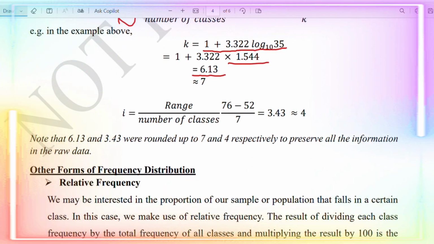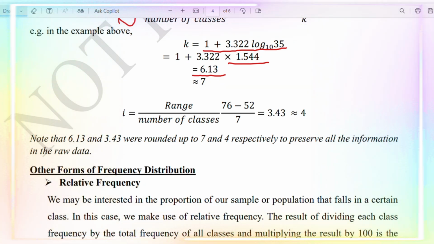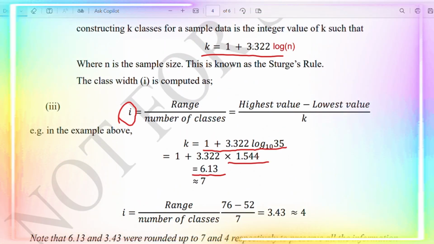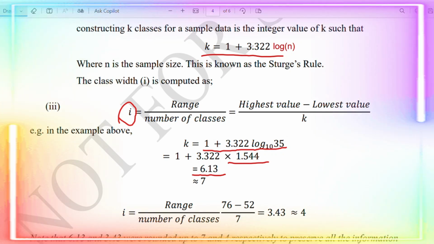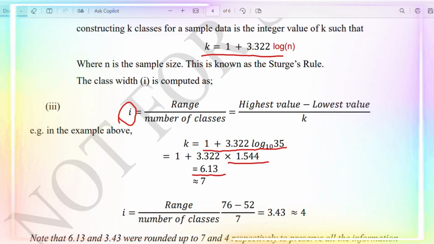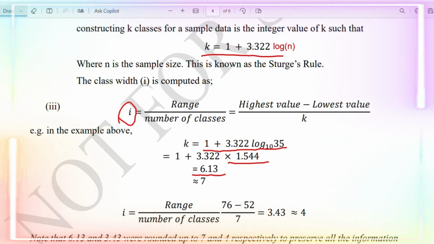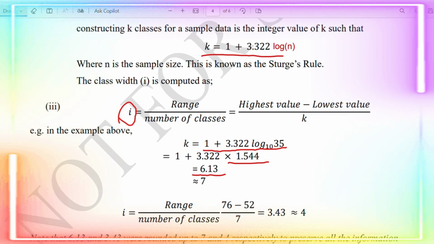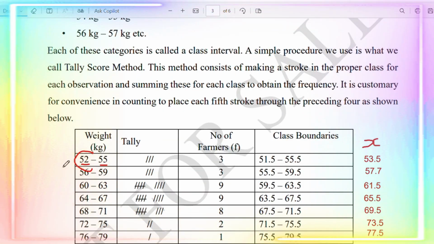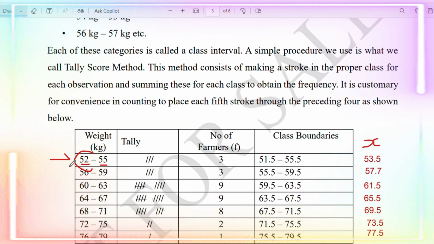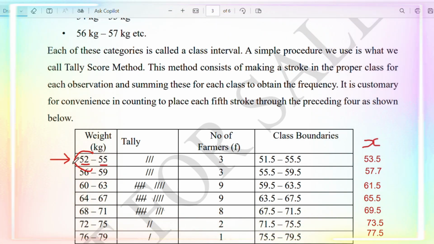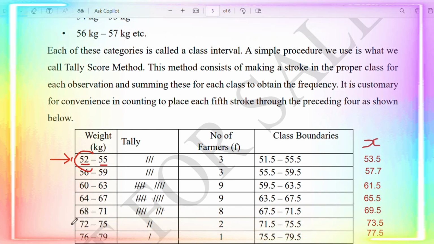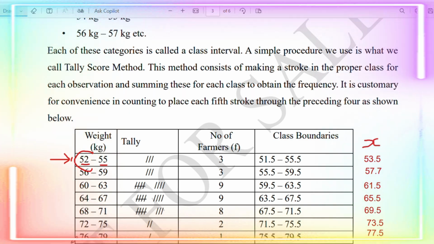With that, you now see that we have 7 classes, and the class size is 4, and that's what gave us the idea of having 4 observations in a class. And by the time you count, we have 1, 2, 3, 4, 5, 6, 7 classes. We have 7 classes.